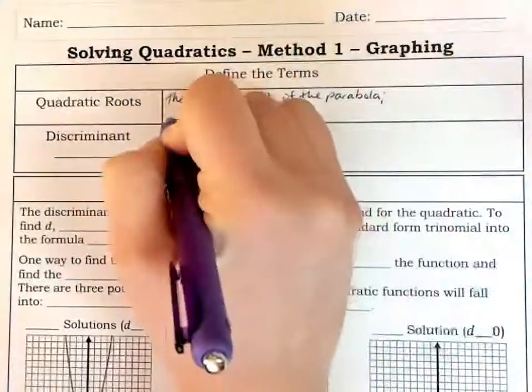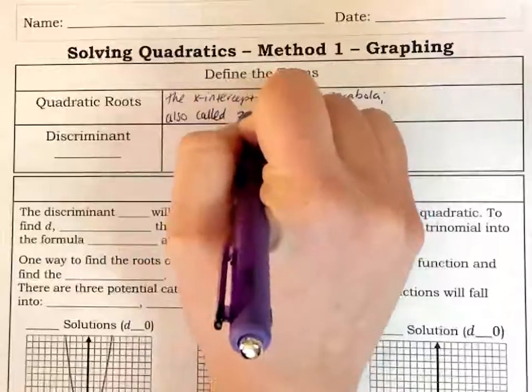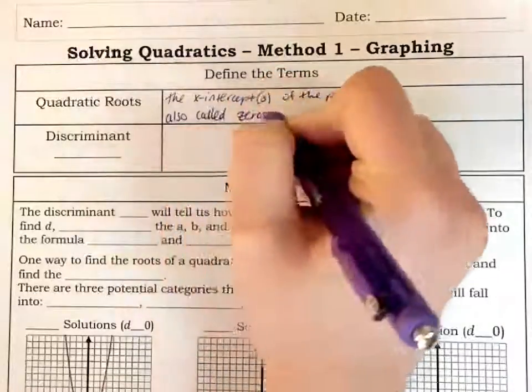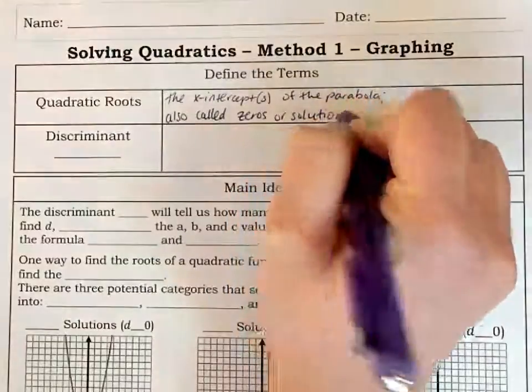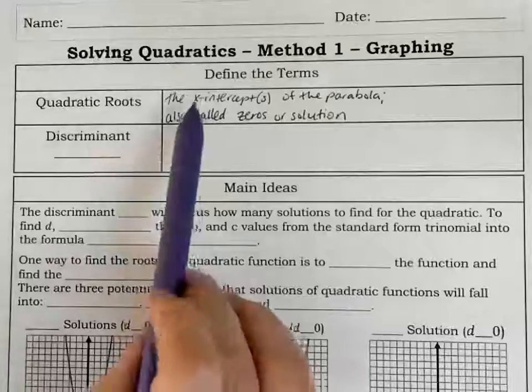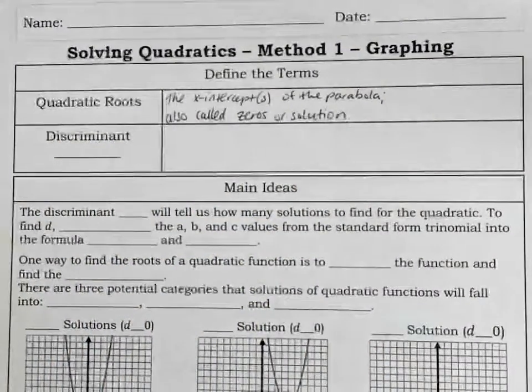We also call these zeros, x-intercepts, or solutions. So the solution for a quadratic basically goes by several names. It's an x-intercept, it's a root, it's a zero, or it's a solution. And you'll see those words used interchangeably when we talk about quadratics.